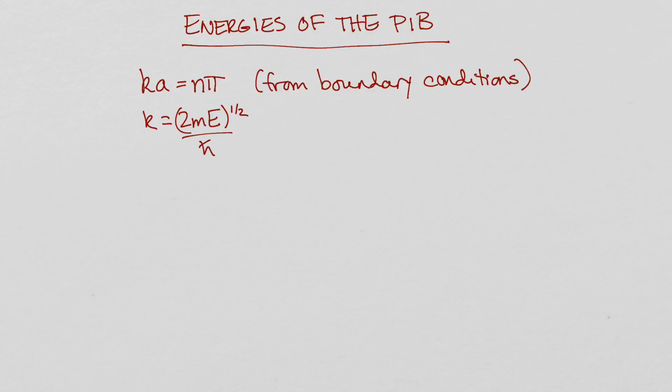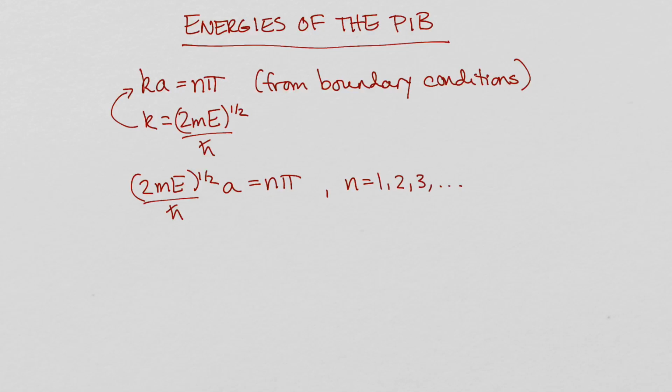So we'll just plug that into that expression. We would end up with (2mE)^(1/2) over h bar times a equals n pi. All right, so far so good. And remember our n's start at 1 here.